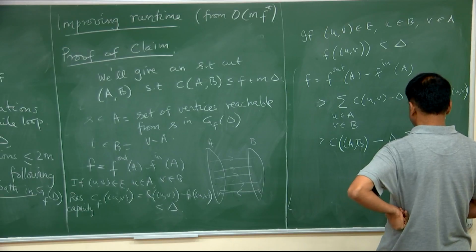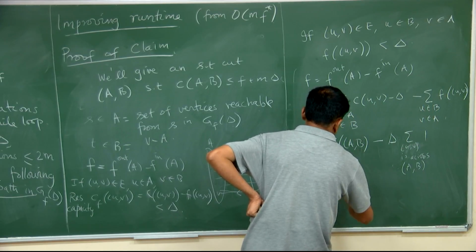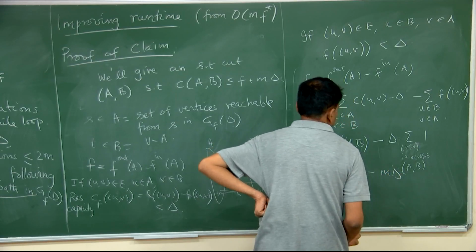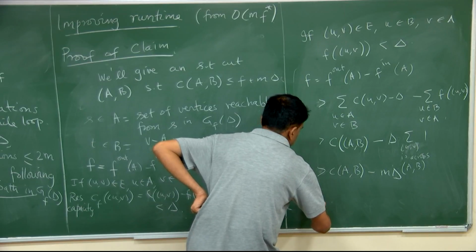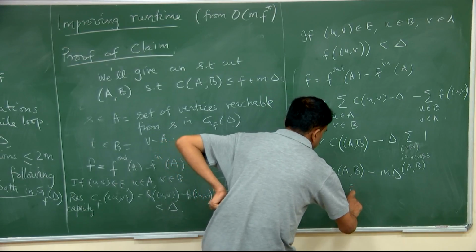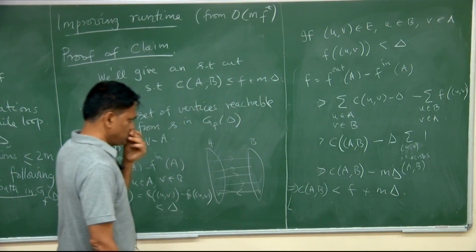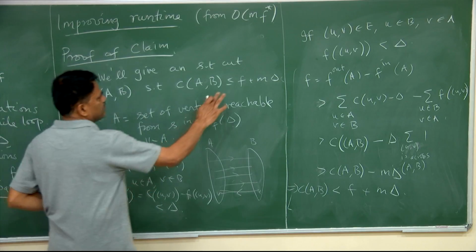Okay, so this is basically greater than the capacity of the cut minus, I'm going to just give an upper bound of M delta, which implies that the capacity of the cut is less than F plus M delta. And that's what we wanted to show. Okay, it's actually strictly less than.